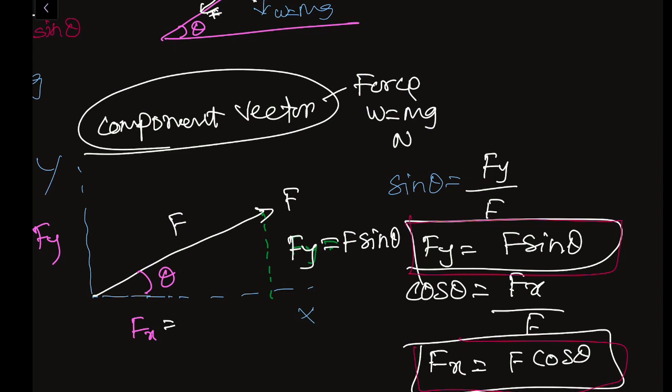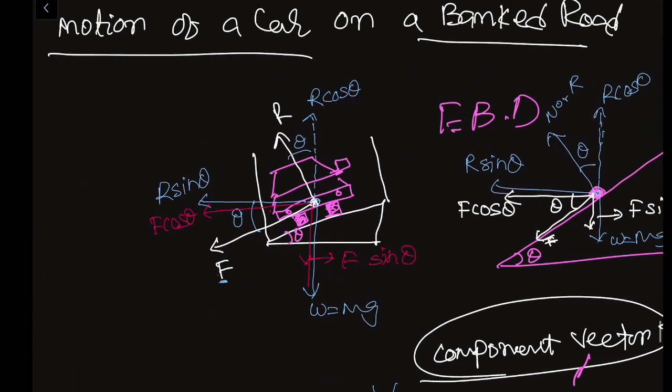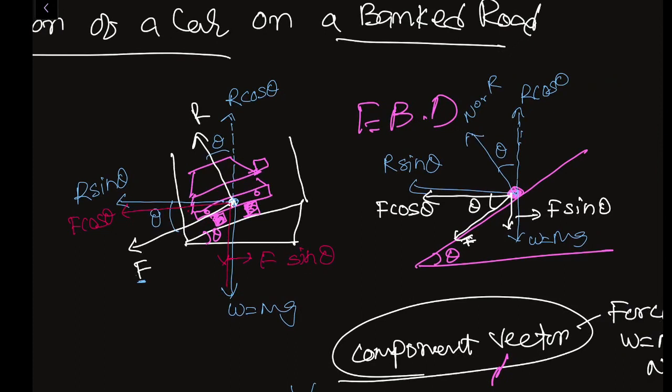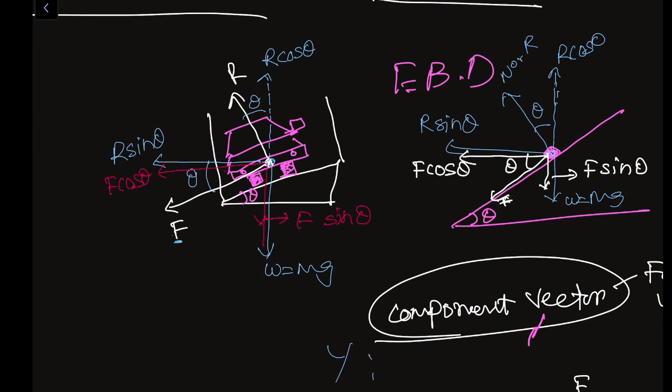Very important one. Based on the component of a vector, we can get this free body diagram. Observe carefully how I explain how the vector is drawn and how we get sin theta and cos theta. If there is any problem, I will explain once again.